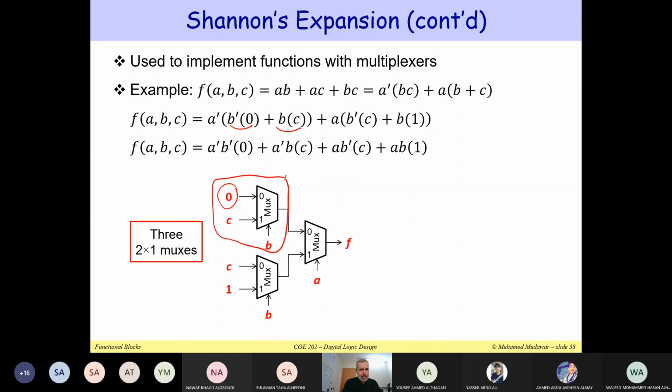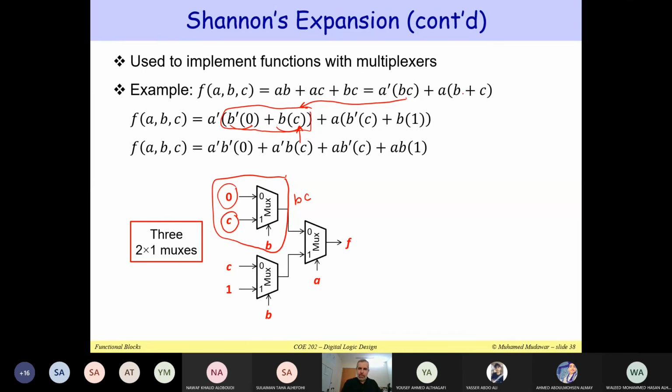And when B is equal to 1, you get C. So this is why I connected C here to input 1. So that's the implementation here of B prime and 0 or B and C. This is nothing but BC. So the output here is equivalent to an AND gate. So this will be B and C. So we are implementing this AND gate using a 2-by-1 multiplexer.